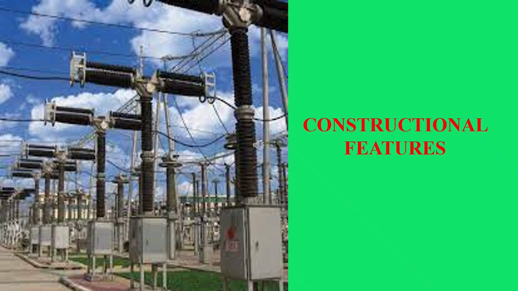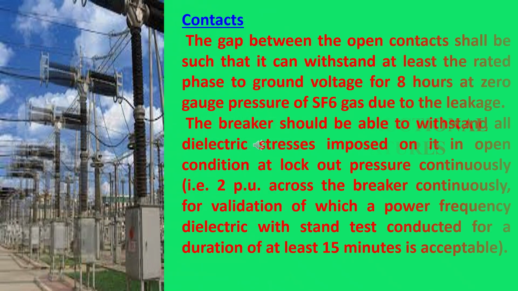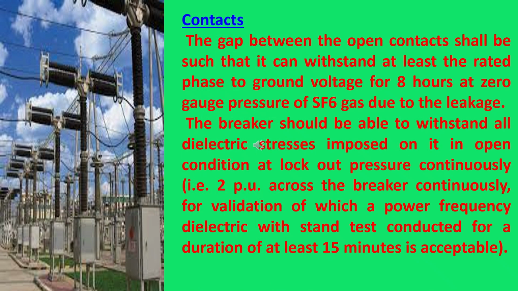Constructional features. First, contacts. The gap between the open contacts shall be such that it can withstand at least the rated phase to ground voltage for 8 hours at zero gauge pressure of SF6 gas due to leakage.